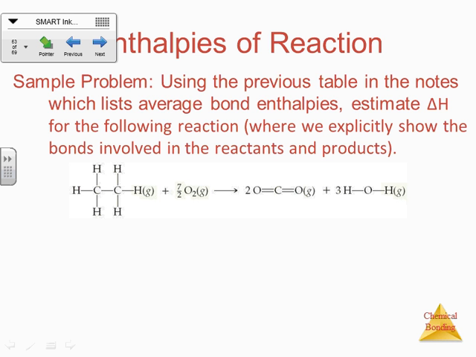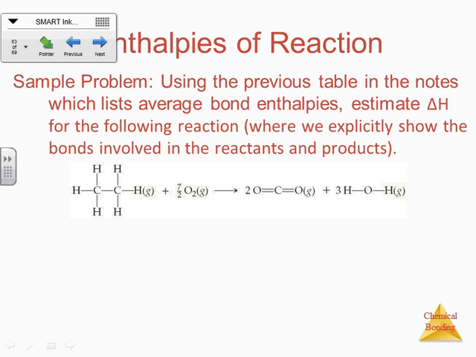We could either do Hess's law, if we knew a couple of other equations that were related to this one, then we could make them add up and figure out what the delta H for this reaction is. The other thing we could do is use the heats of formation, right? If we know the heats of formation for all of these things, then we could do products minus reactants, and that would give us the delta H.